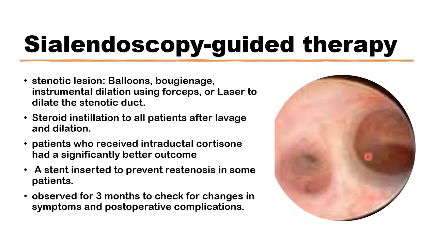Then a stent can be inserted into the stenotic part in some patients to prevent restenosis. Patients would usually be followed up for 3 months or so to check for any change in symptoms and to deal with any possible complications.